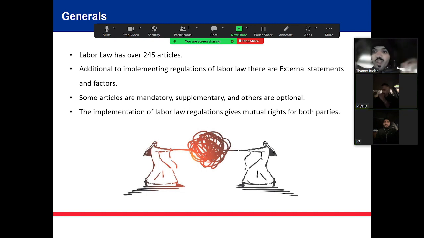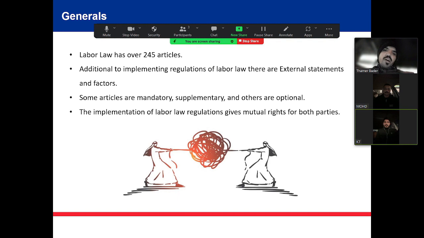Okay. Some articles are mandatory, and others are supplementary, and others are optional. So for the articles which are mandatory, the organization can never leave them out of the contract when it gets signed between both parties, which are the organization and the employees.